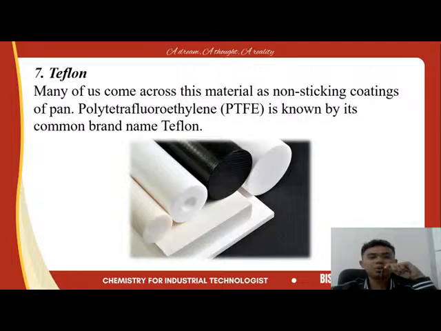At first, I didn't know what the use of that was, but later on, I learned that it's used for their motors or for their vehicles. In the chemical industry, it can be used as coating for autoclaves, tanks, pumps, containers, and etc. That is Teflon, the image that you can see there. Kanang nasa image, that is an example of the form of Teflon.